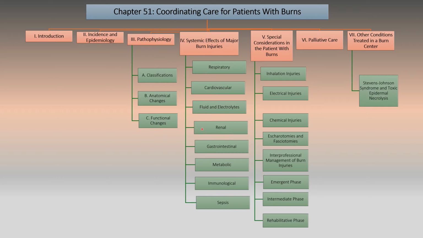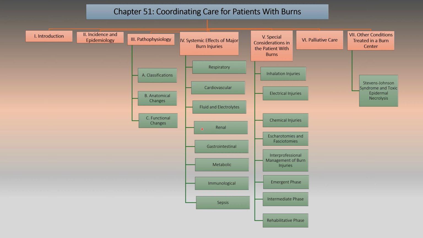Urine output target: for patients with myoglobinuria, the target urine output must be increased up to 1 ml per kilogram per hour to help clear the toxin.